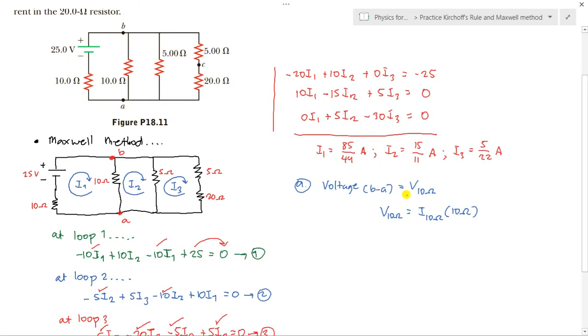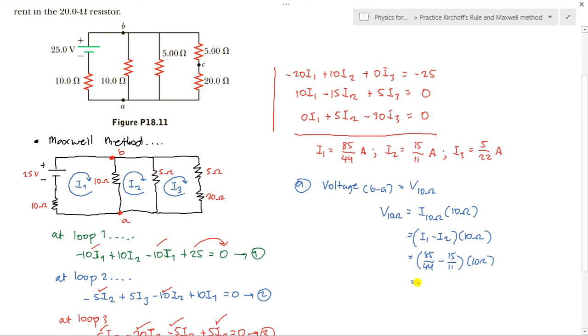So therefore, ang current dahil nga misud dira is I1 minus I2 multiplied by the 10 ohm resistor. So here we have I1, 85 over 44 minus 15 over 11 times 10 ohms. So ang answer ani to simplify, that is 85 over 44 minus 15 over 11 multiplied by 10.